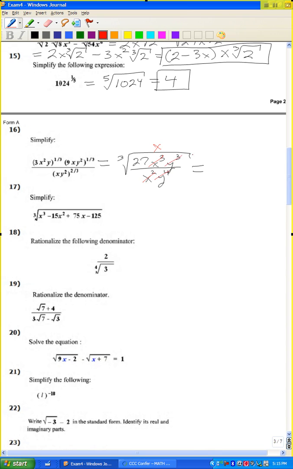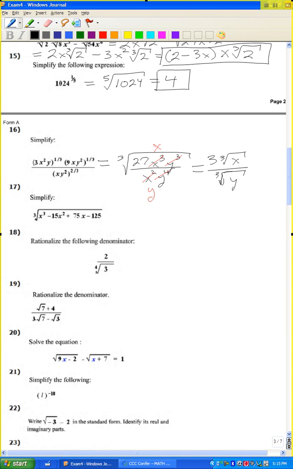Y to the 4th divided by y cubed is just y. The cube root of 27 is 3, and I can write this as cube root of x over cube root of y. And well, I'd be done, but maybe put the 3 there.